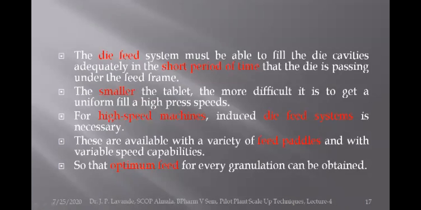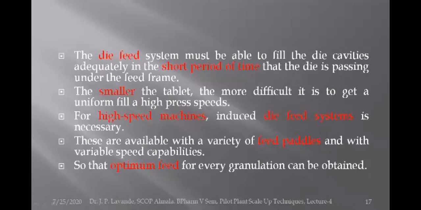For a high-speed machine, an induced die feed system is necessary. Again, this is vice versa. If the speed is too high and the feed rate remains constant, again that will lead to underfilling of the dies, which will give tablets with low weight.